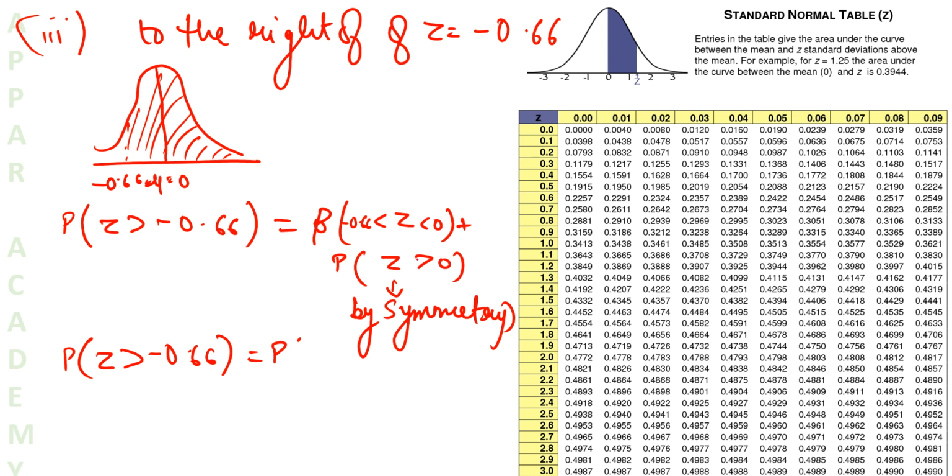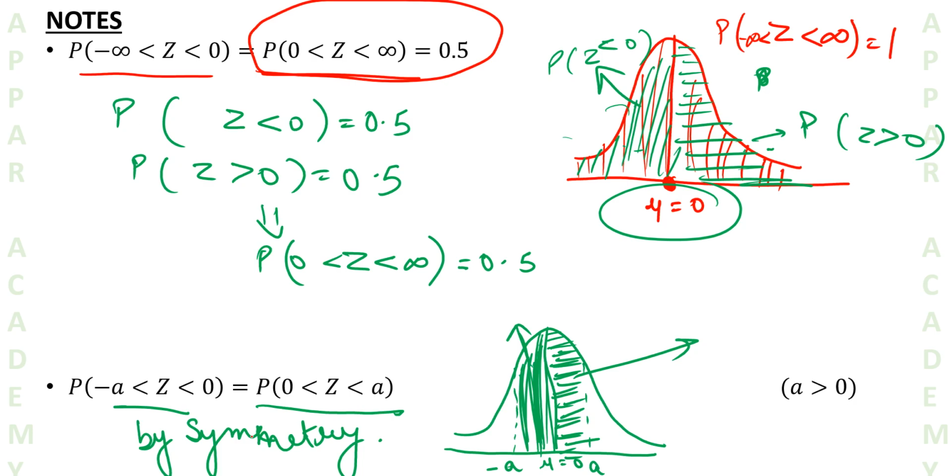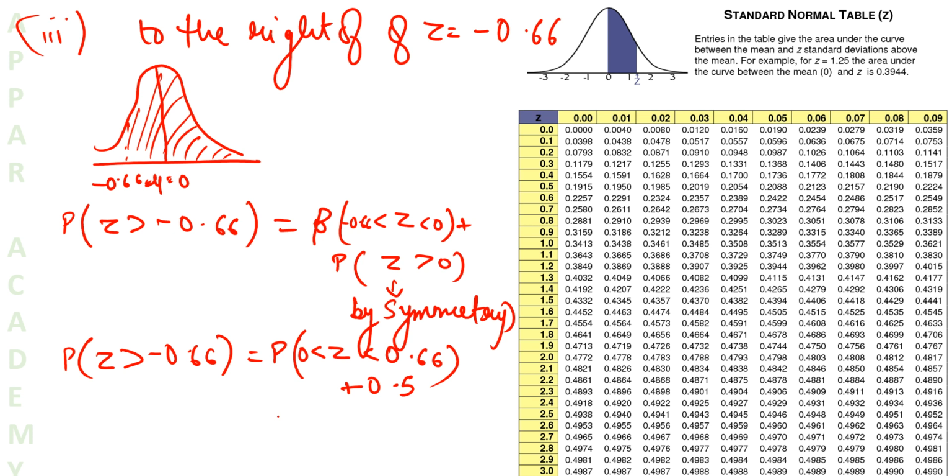We know this, and also by symmetry, we all know that the probability that Z lies between 0 and minus 0.66 is the same as the probability that Z lies between 0 and 0.66. We have already seen this property, the symmetry rule. So for 0.66, 0.6 is over here in the first place of decimal, and the other is also 6.